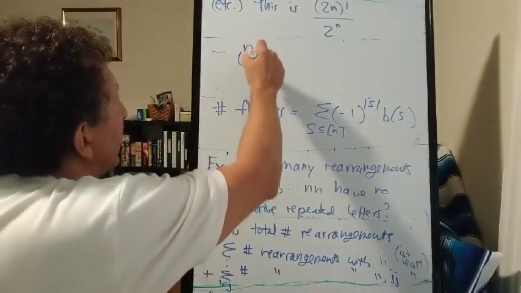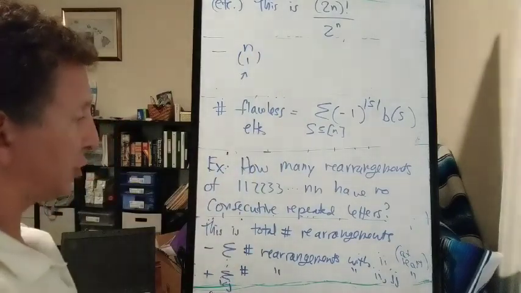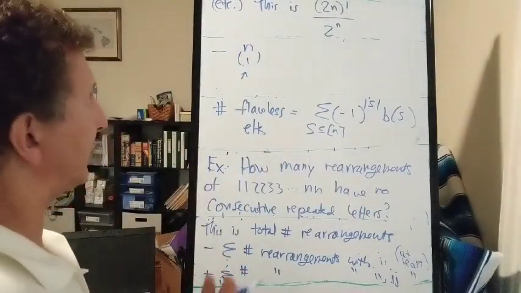n choose 1. This is a number of ways of choosing one letter to appear consecutively.